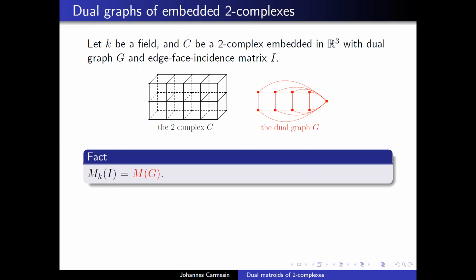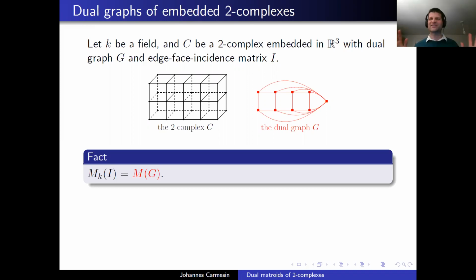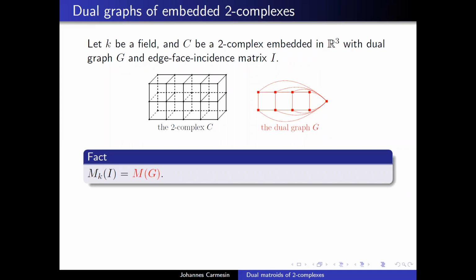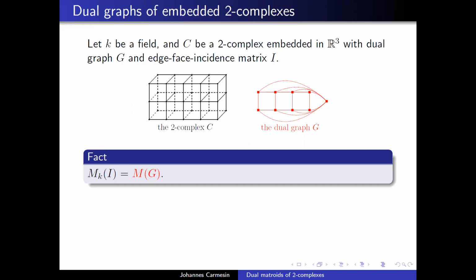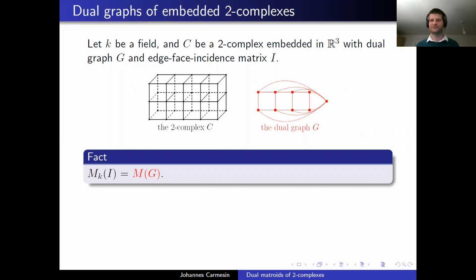So your columns correspond to the faces, the matroid elements. Yes: if the columns correspond to the matroid elements, which are the faces, then the rows correspond to the edges. When you take the edge vectors and their span, it's the row space of the matrix in that interpretation. Okay, thank you, that clears things up for me.